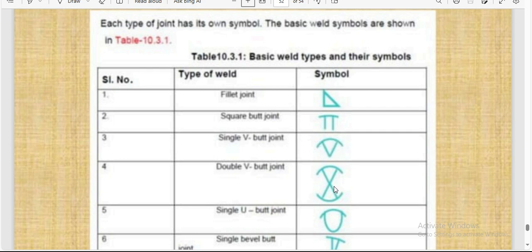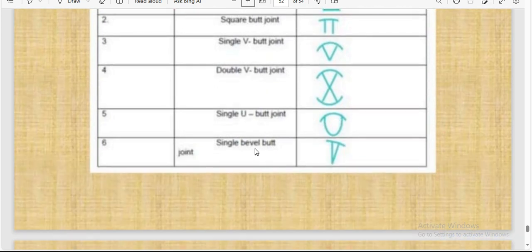When it is double V, you can see a double V here, and at two sides you can see the curve. So this one is a double V joint, single U joint, and this one is angle beveled. This one is inclined, not formally different from this one. This is the bevel, what we call.